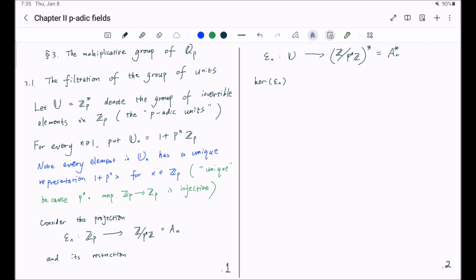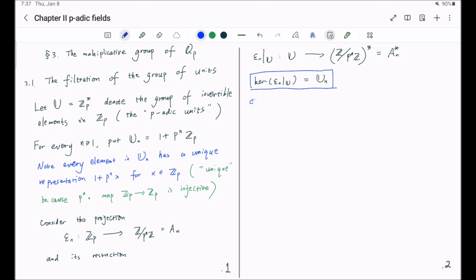To avoid confusion, at this moment, I'm going to use a more rigorous notation. So this is a restriction of epsilon sub n to U. The kernel of this turns out to be this U_n we just defined.